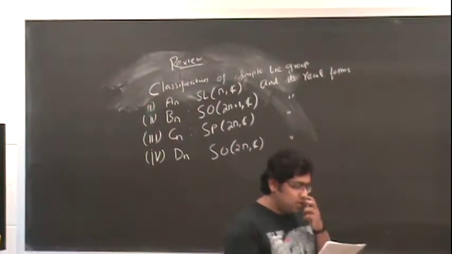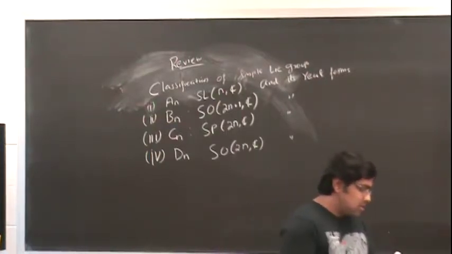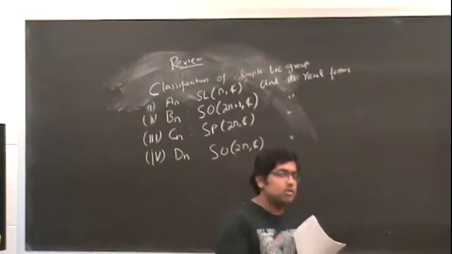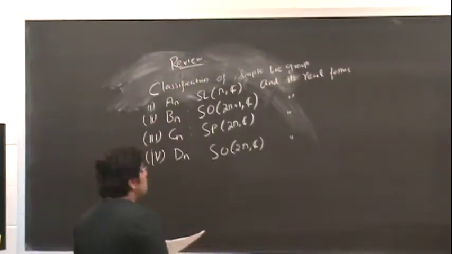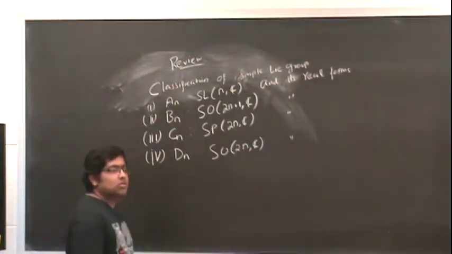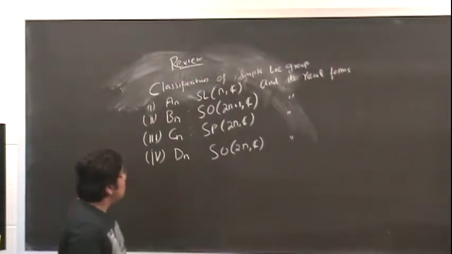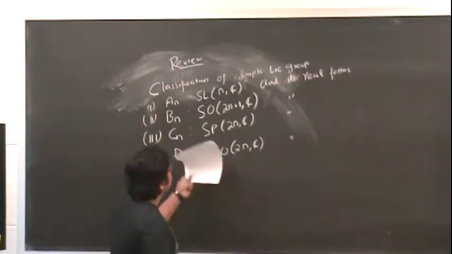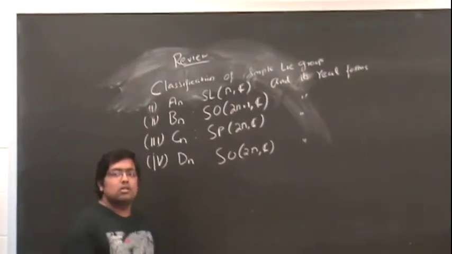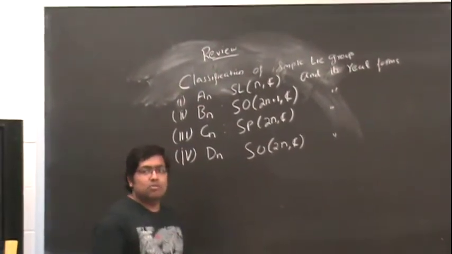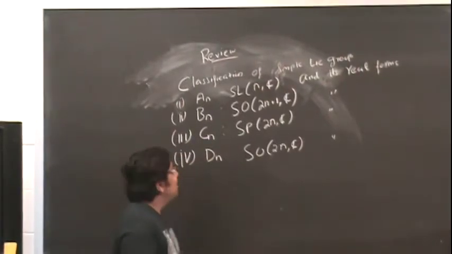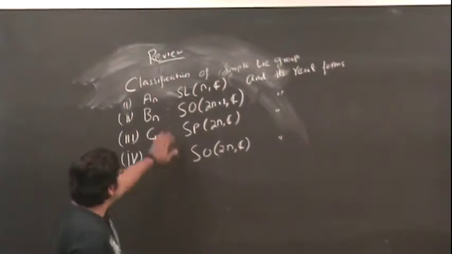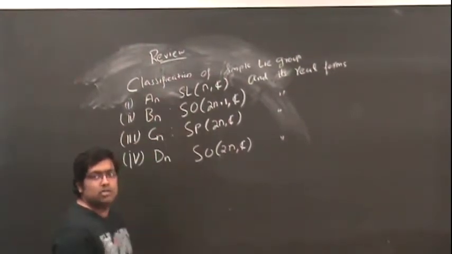Alright, so before getting into the details, let us review some of the stuff that we already did in the previous sessions. In session 1, Chris went through this list of classification of simple Lie groups. We discussed the matrix groups, and Chris promised us that they are the same. And so we have SL(n, C), and all of these S would just mean that the determinant is 1.